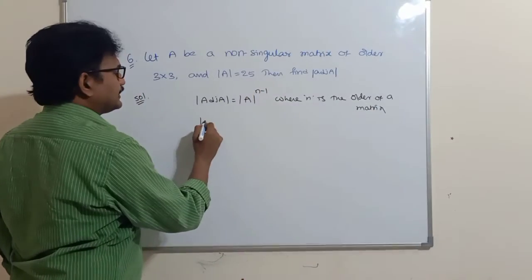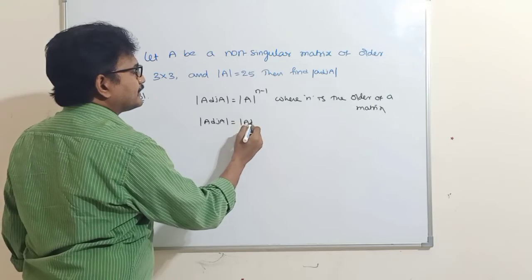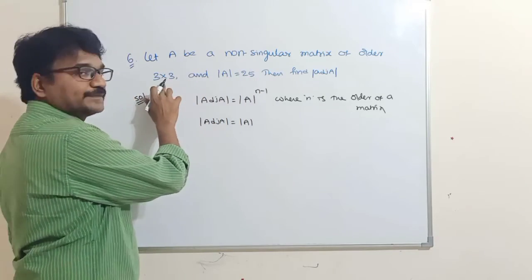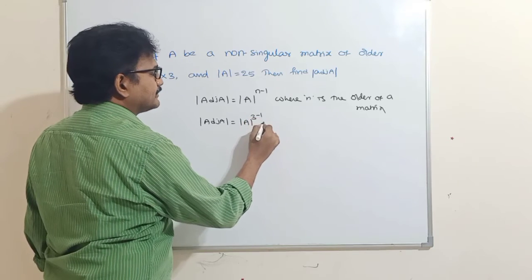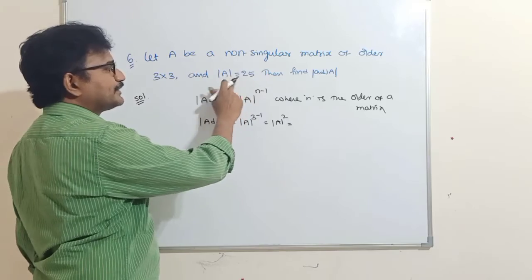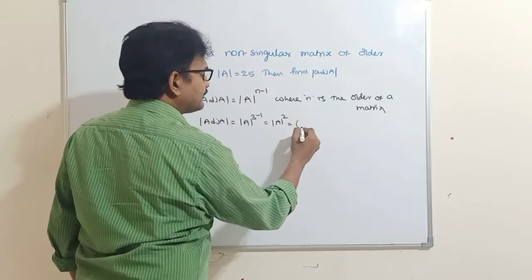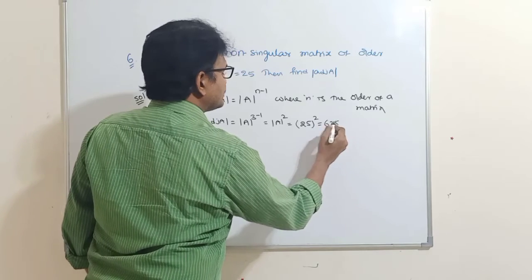What is the order of this matrix? Order means size of the matrix. So n value is 3. 3 minus 1, so det A whole power 2. Already det A value is given. Det A is equal to how much? 25. 25 whole square. 25 whole square is 625.